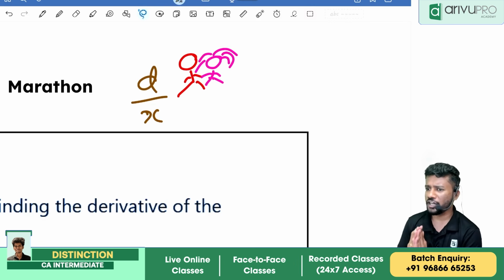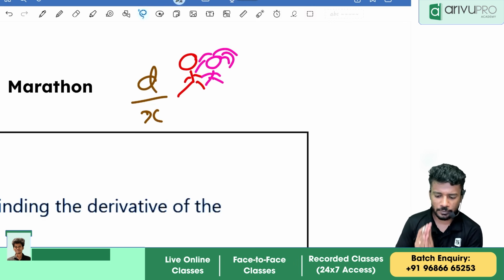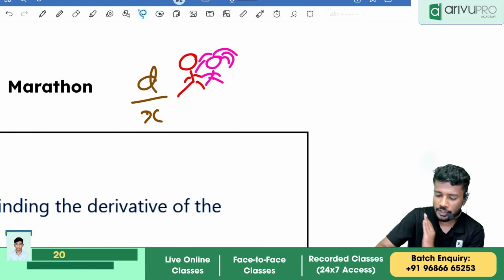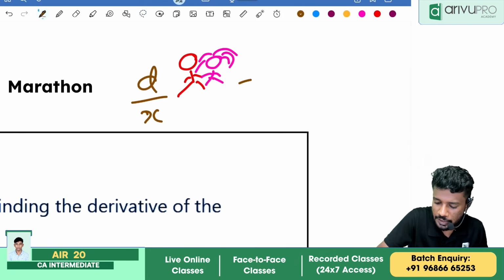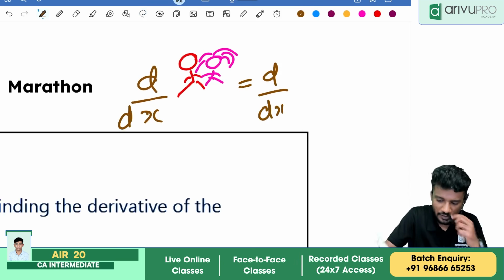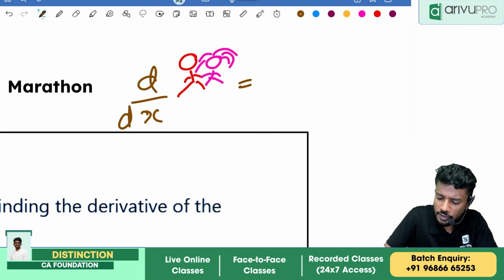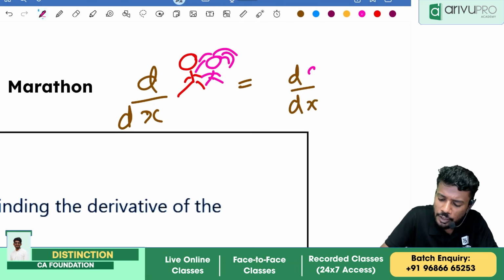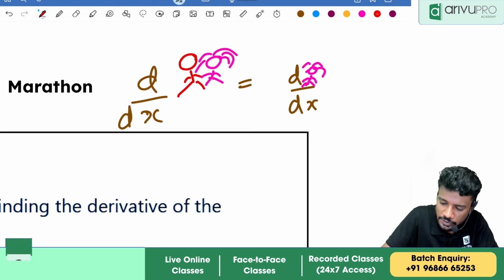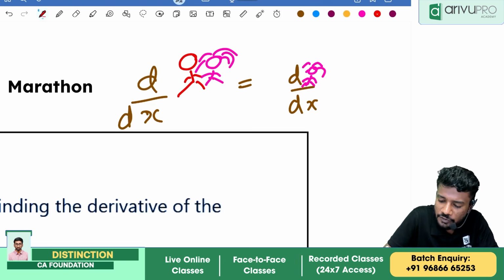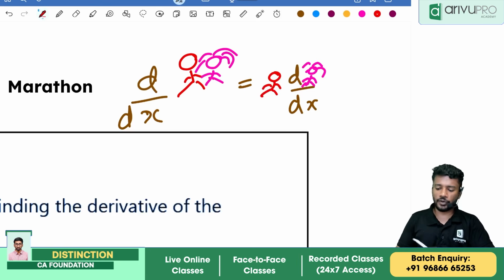Now, if two functions are there, how will you perform the derivative? That is nothing but d by dx of first function or second function, you can always take. d by dx of the second function, the pink girl, multiplied with the first function, the red boy.